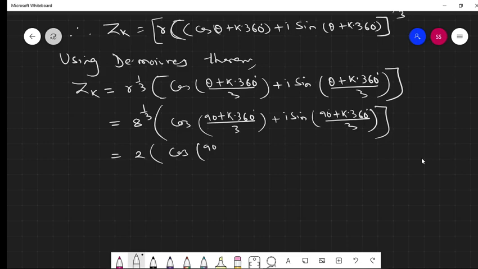Then for the required roots we have to put this cube root like that. So k equal to 0, 1 and 2. So first find z0 equals 2 times, if this is 0, 360 times 0 is 0, 90 by 3 is 30.